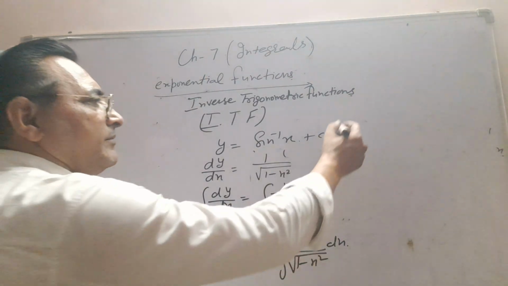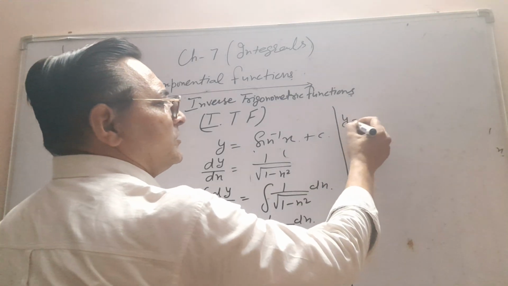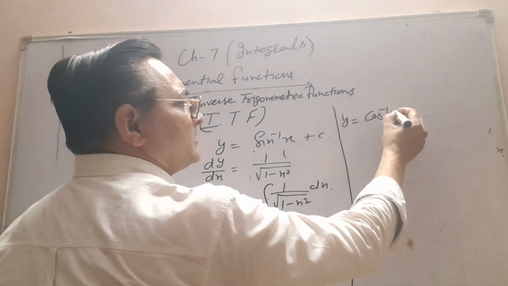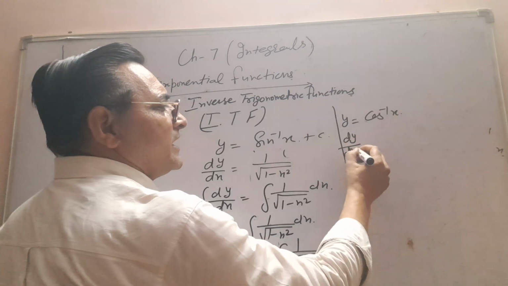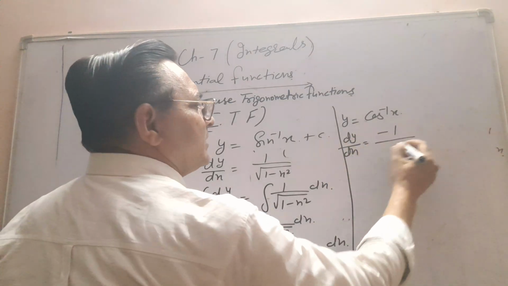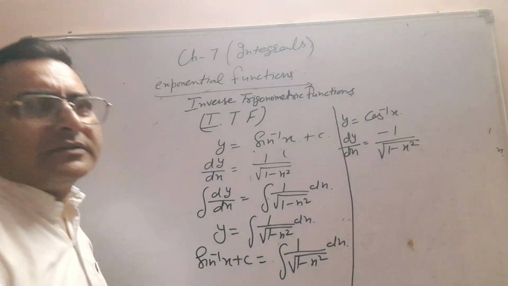Similarly, if I write cos inverse x, so y is equal to cos inverse x. So what is the derivative of cos inverse x? Minus 1 upon root 1 minus x square.